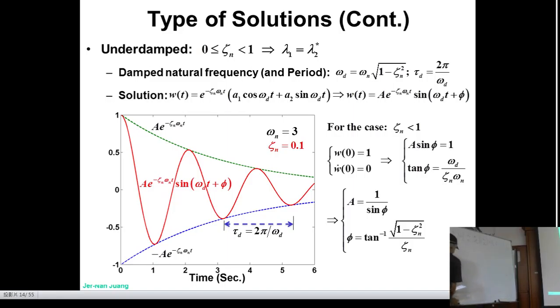Okay. My lambda real part is equal to minus theta n omega n. My lambda imaginary part is equal to omega d.